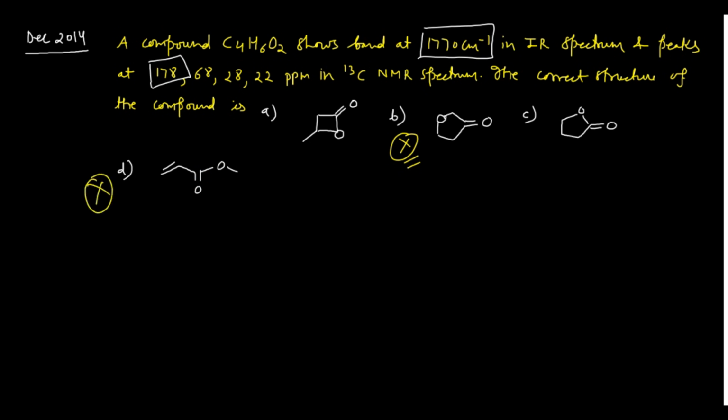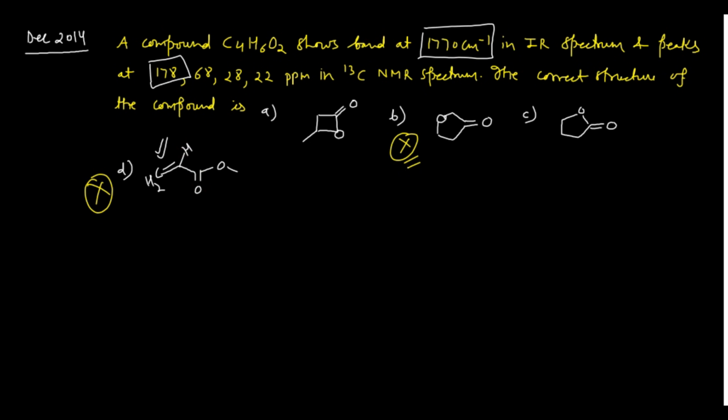Because in option D you have this CH2 and this CH, so in the IR spectrum you should have the stretching frequency of this double bond carbon, and that stretching frequency is not there in that case. So you can immediately discard this open chain ester also based on your knowledge. Furthermore, you can see here this hydrogen is very close to the carbonyl group, so this will have a little different chemical shift, right?